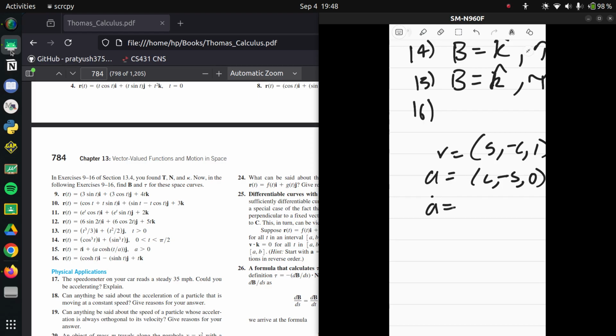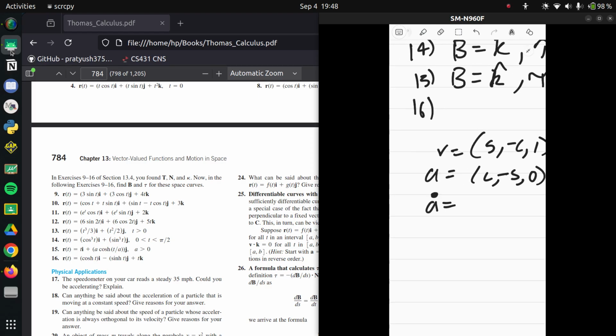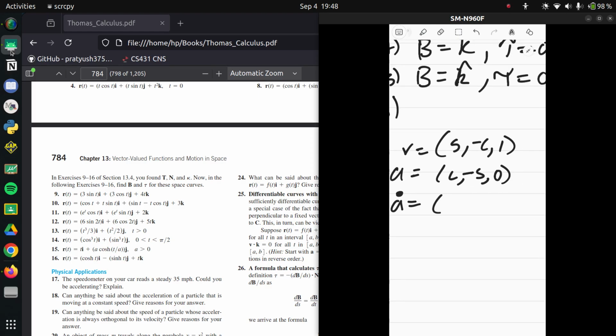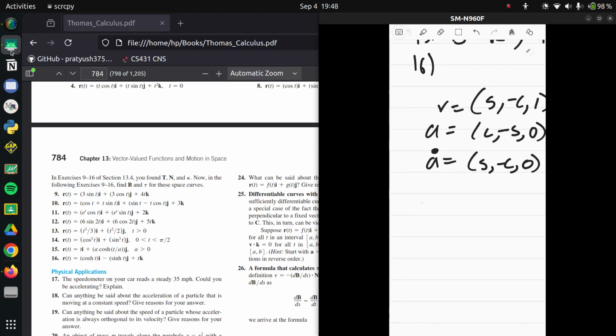The a dot would just be sine, comma negative cosine, comma 0. So what's your v cross a?